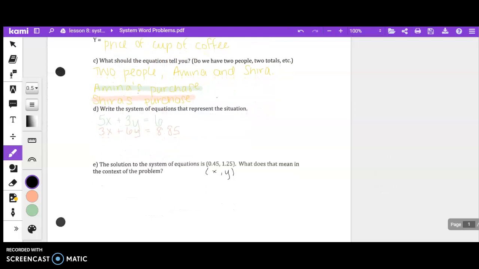We can see that a donut, where my X is, costs 45 cents, whereas one cup of coffee, our Y's, costs $1.25.